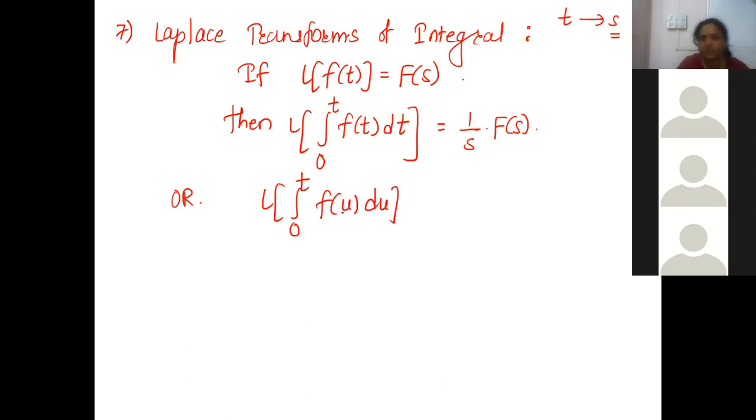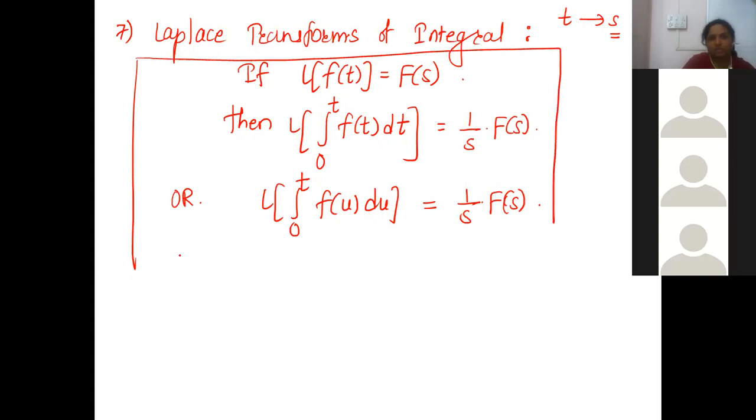So it can be like this: integration from 0 to t of f of u du. It's just the variable. It will be the same, 1 upon s into F of s. But you are supposed to remember that the limits of integration are 0 to t for this property.